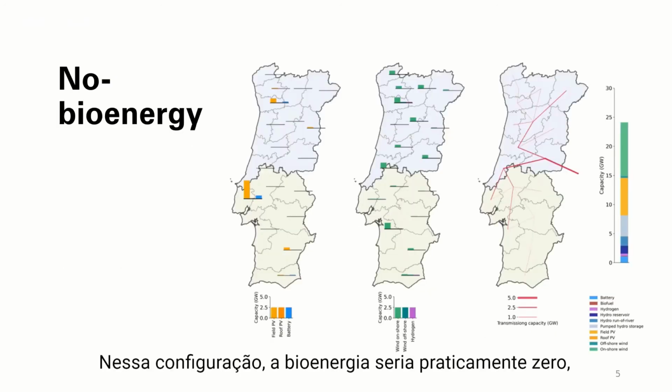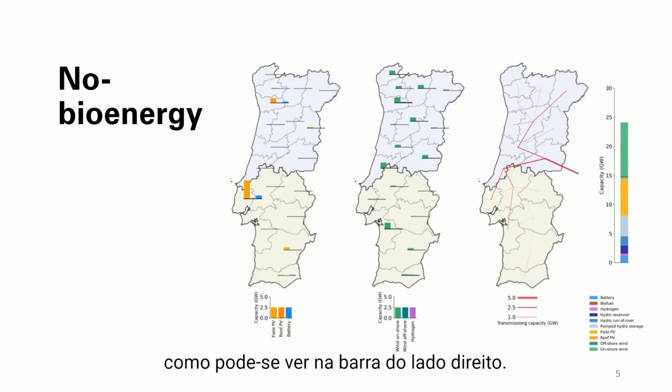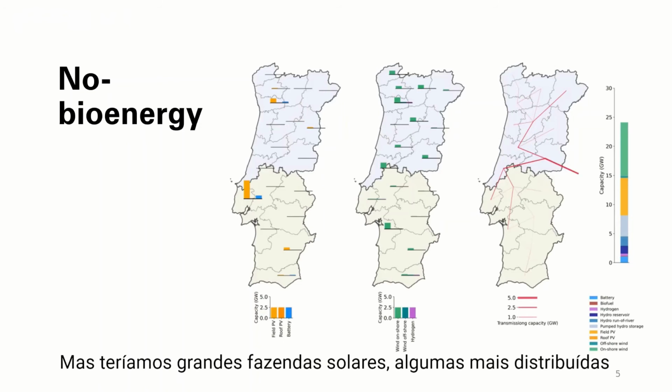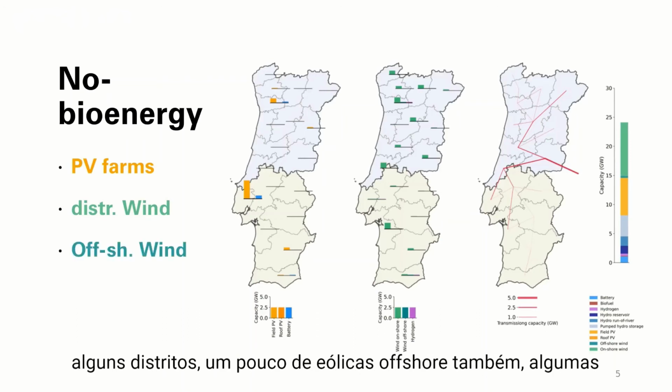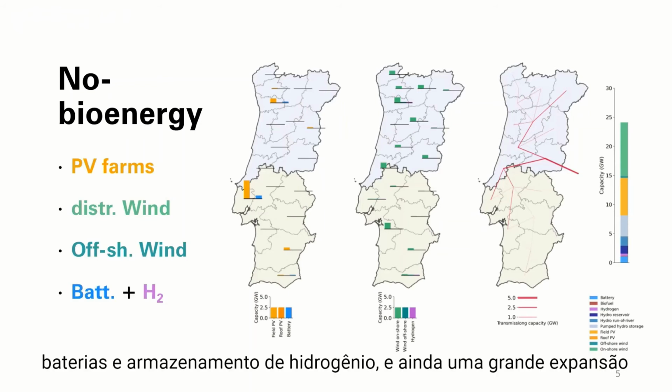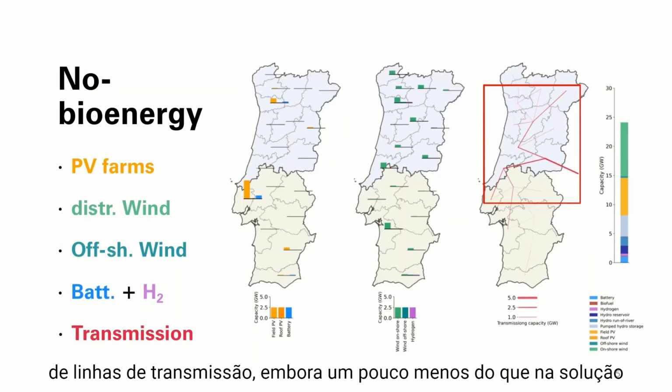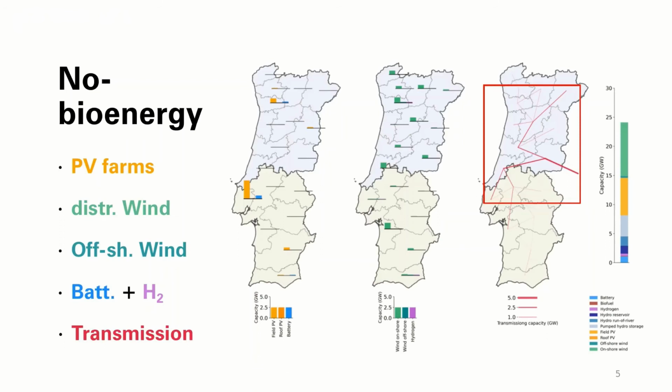In this configuration, bioenergy would be practically zero, as you can see from the bar on the right-hand side. But we would have instead large solar farms, some more distributed wind compared to before, but still a bit concentrated in some districts, a little bit of offshore wind as well, some battery and hydrogen storage, and still a very large expansion of transmission lines, although a bit less than in the cost-optimal solution.